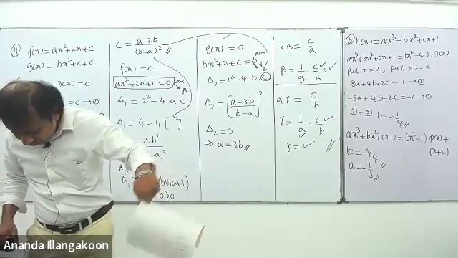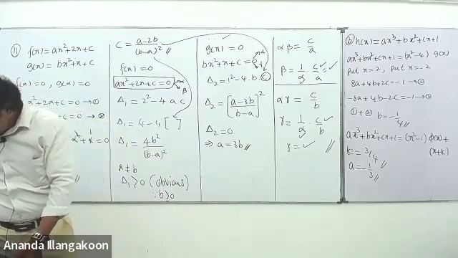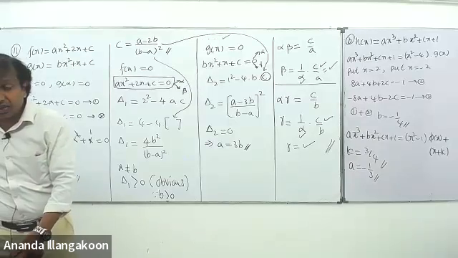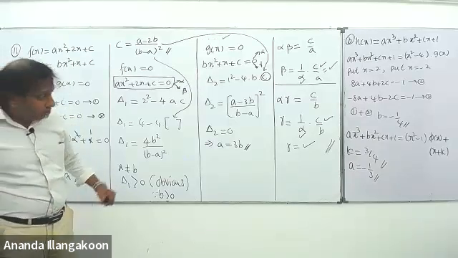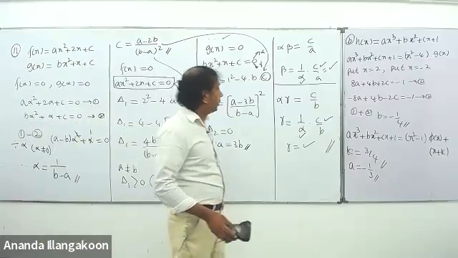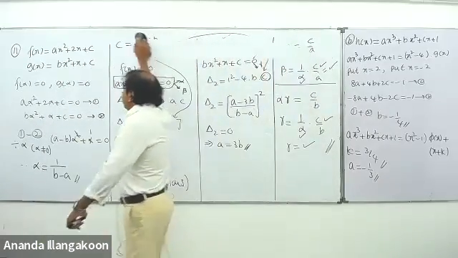Next one, 12, the permutation and combination part. Permutation and combination part I'm also going to do here. Number 12.